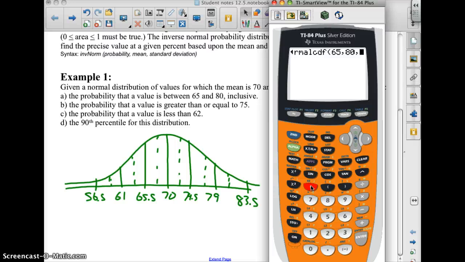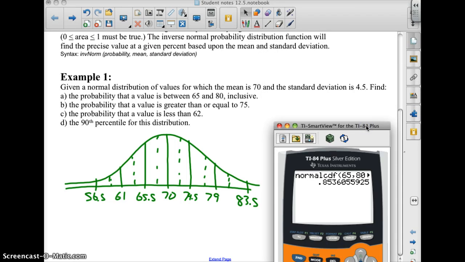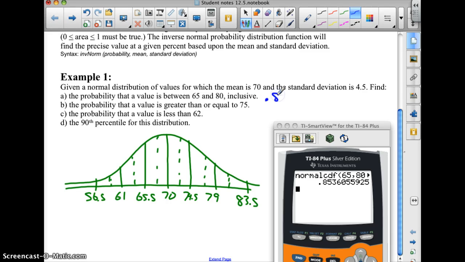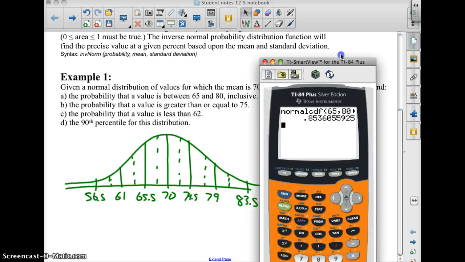I end with the mean, comma, the standard deviation, 4.5. Close that parenthesis and enter. And there we go. So the probability value between that is 0.8536, and we'll say like 0.85.